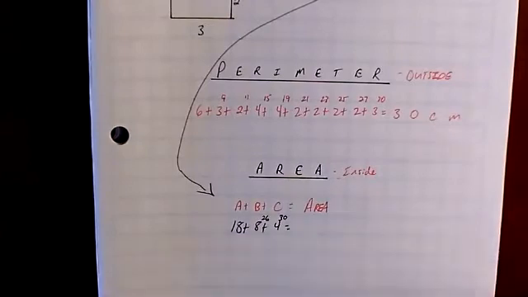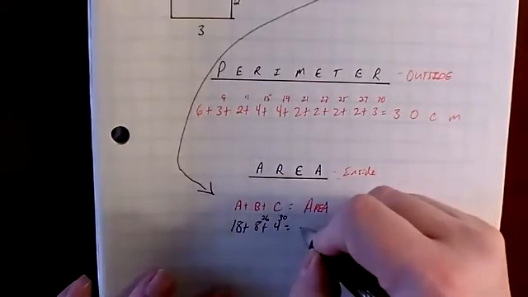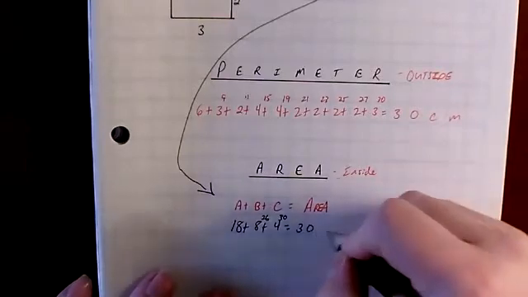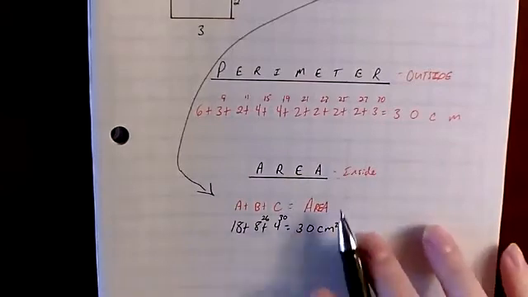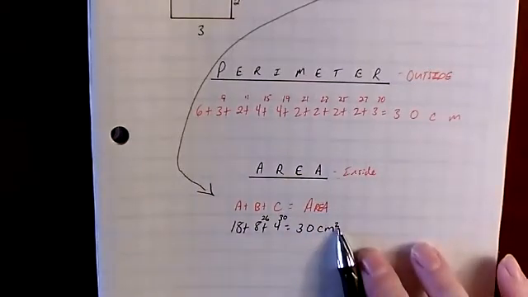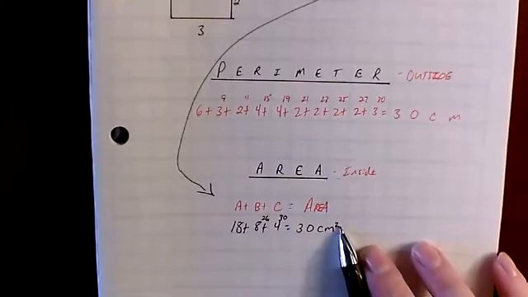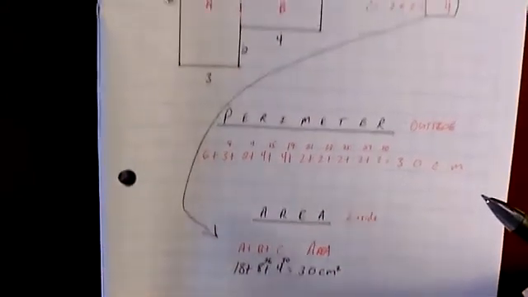So my area is actually 30 centimeters squared. Now remember, you put your squared units in there because we're dealing with area, and that's the way it should be done. So let's go back up here.